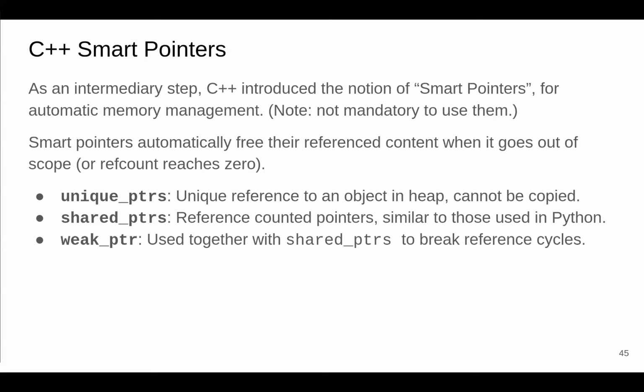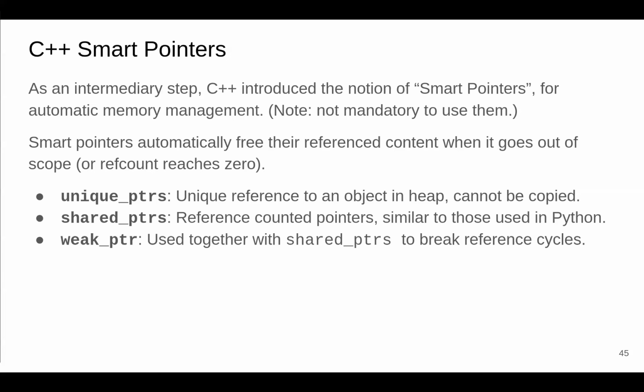And there's different types. There's unique pointers, so this means this is a unique reference to an object. If you have a unique pointer, you cannot copy it. Then there are shared pointers, which are reference counted pointers, where you have an implicit field for reference counting that is added in this type. You can use weak pointers together with shared pointers to break reference cycles.